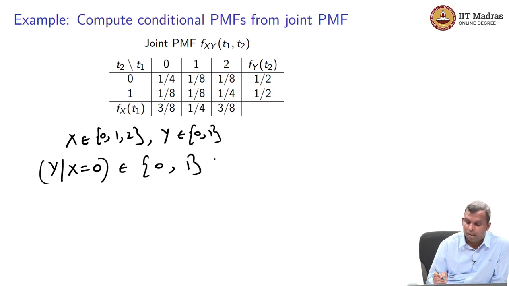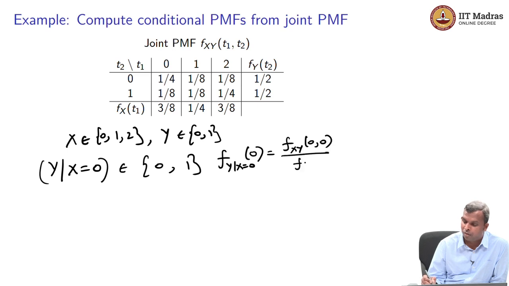What is f y given x equals 0 of 0? It's f x y of 0, 0 divided by f x of 0. What is f x y of 0, 0? It's 1 by 4. And what's f x of 0? That's 3 by 8.